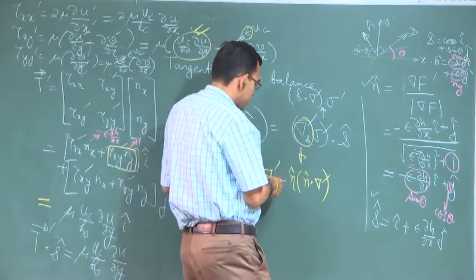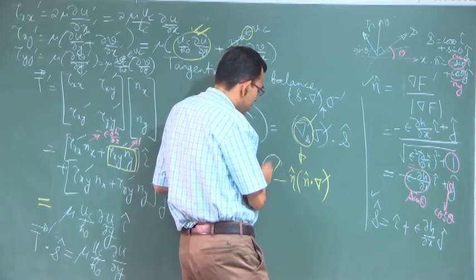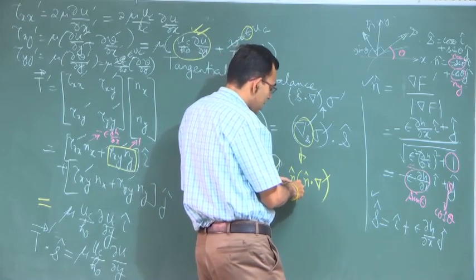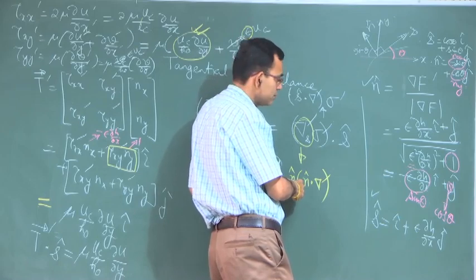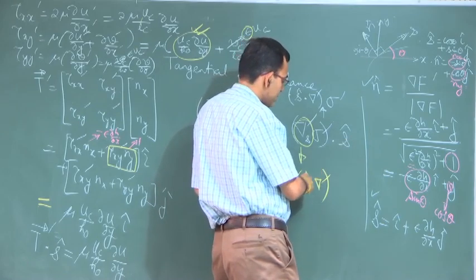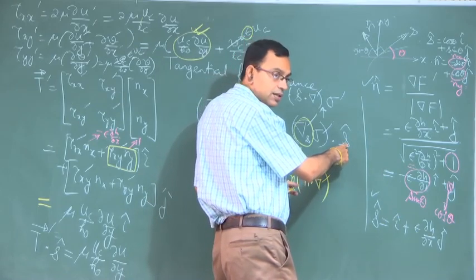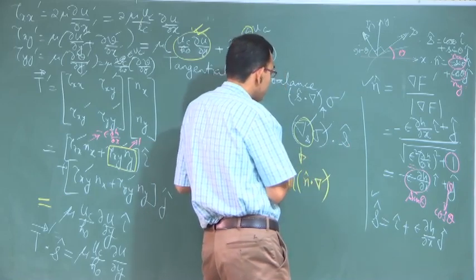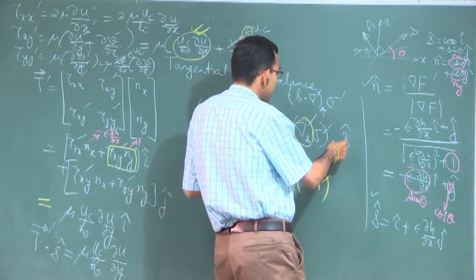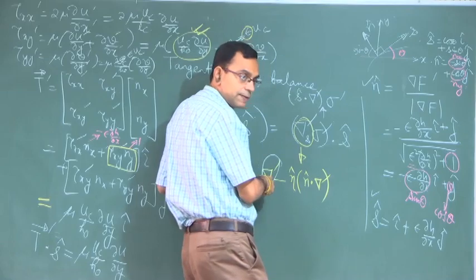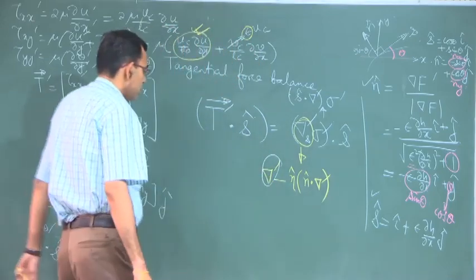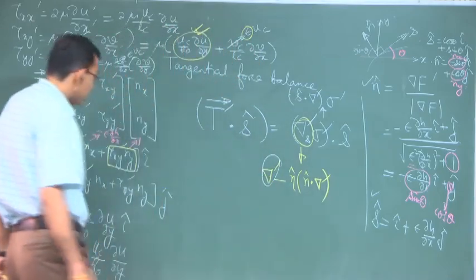Out of this we only have this term retained, because n dot s will actually be 0. So, this will eventually be s dot with this one. Now we have to calculate.